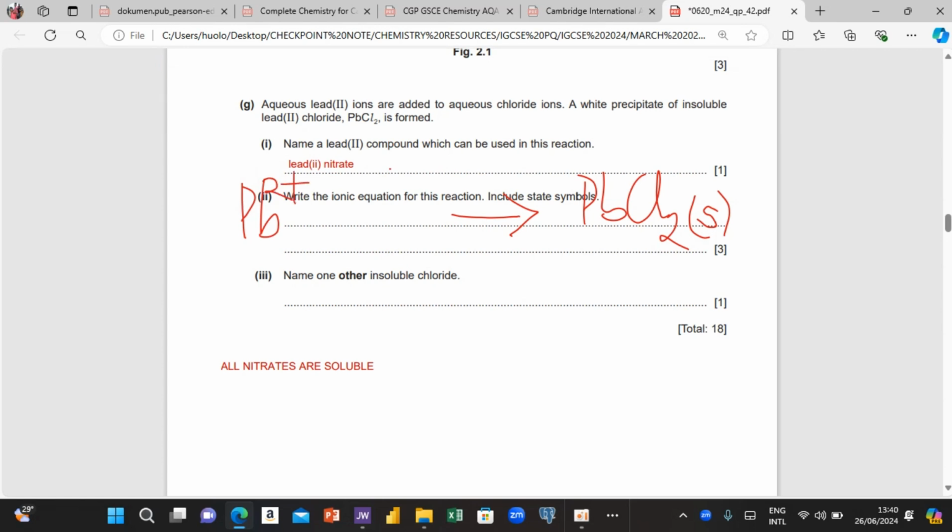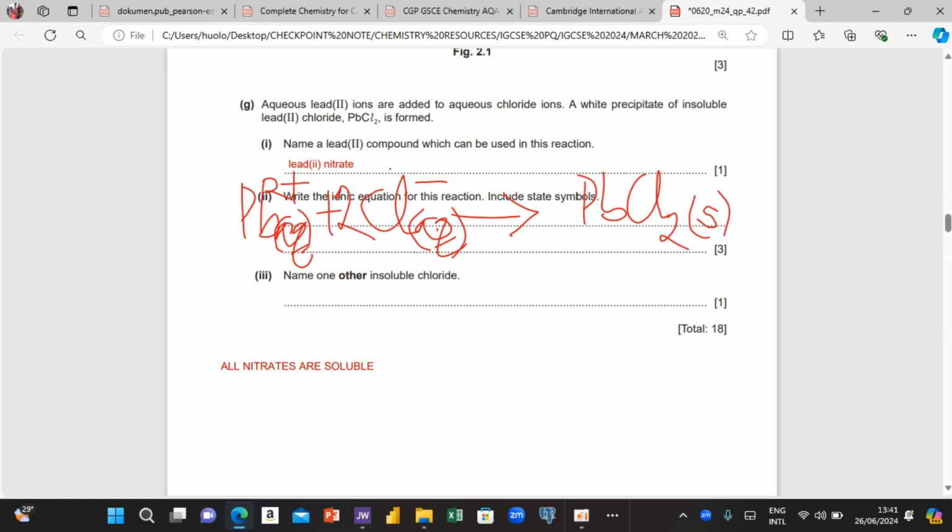For it to exist as an ion, it means it is aqueous, it dissolves in water. What you have left is the chloride ion, which is negatively charged. For it to exist as an ion, it means it's dissolved in water, and you have that. Then you can balance the equation by putting 2 here to say that we have 2 chloride ions. That way life becomes so easy.